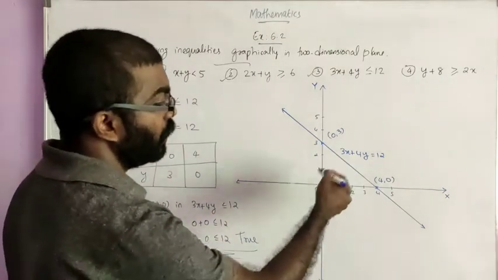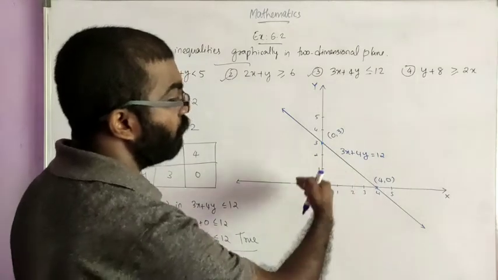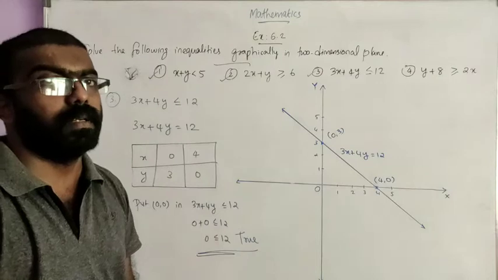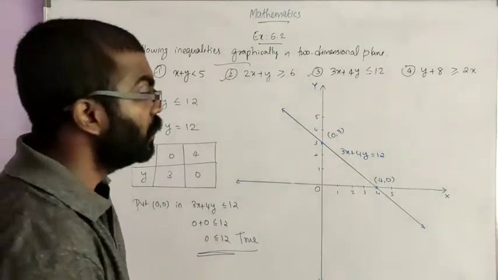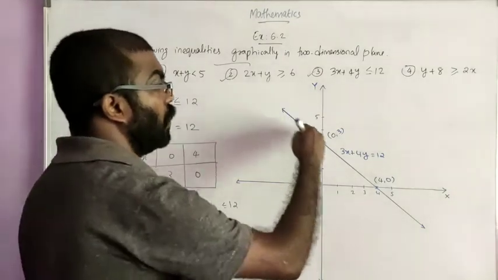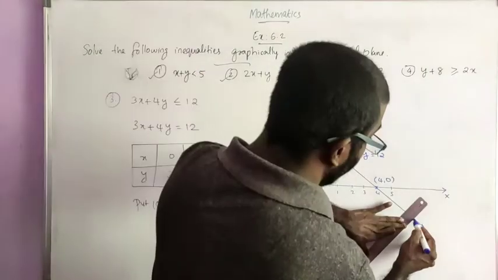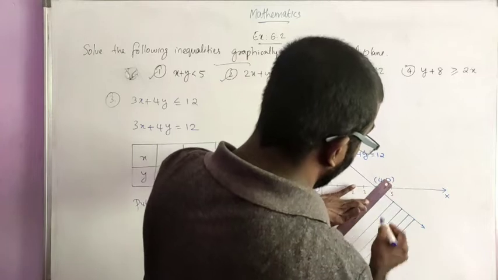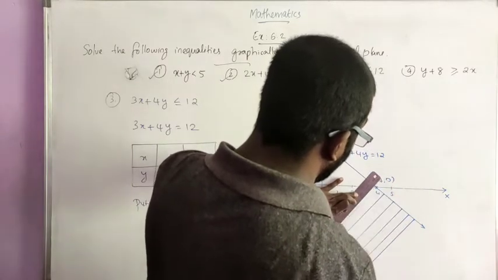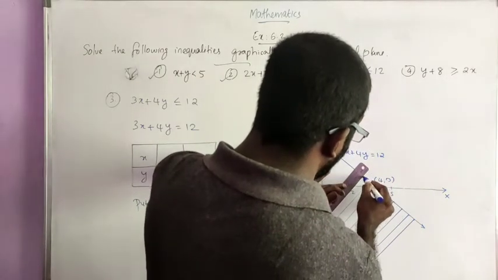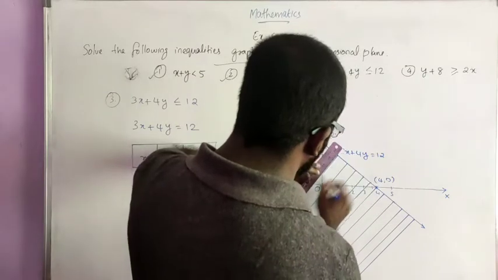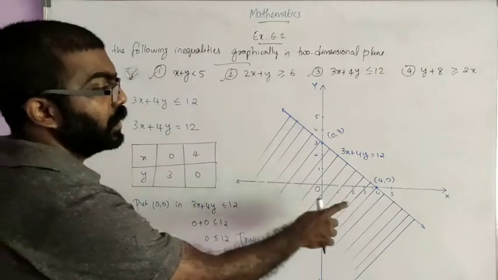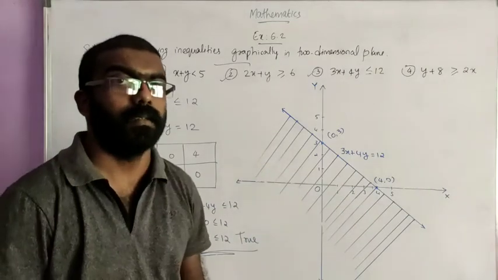So the solution region will be the left half or the lower half plane of this Cartesian plane. Okay, so we can shade the lower part of this line. So here this is the solution region. Understood?